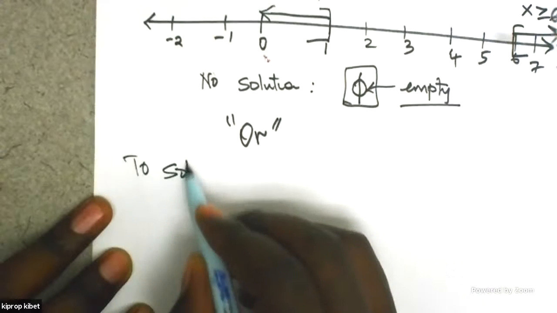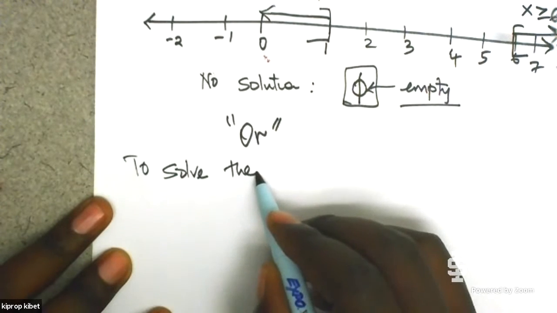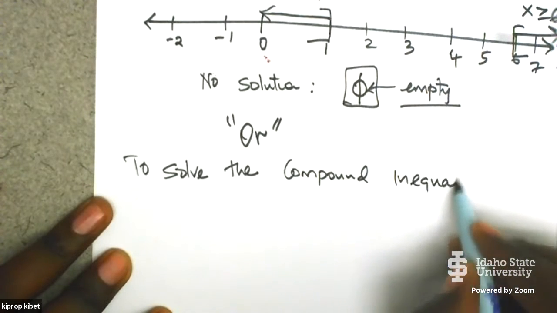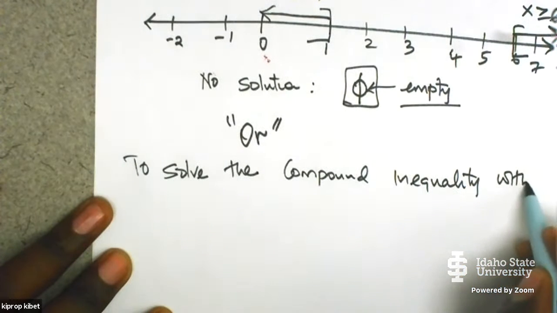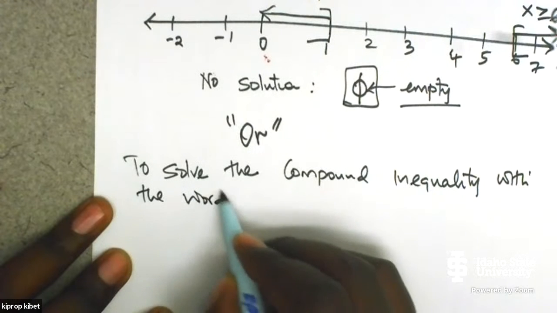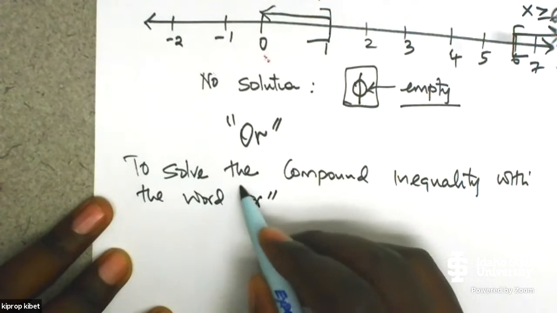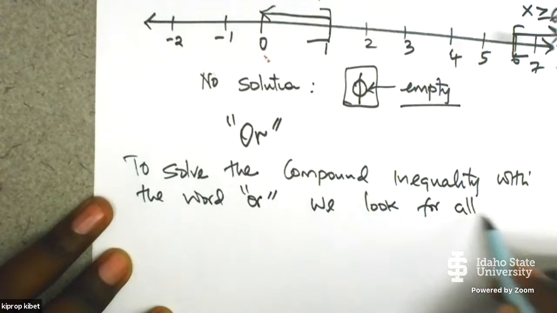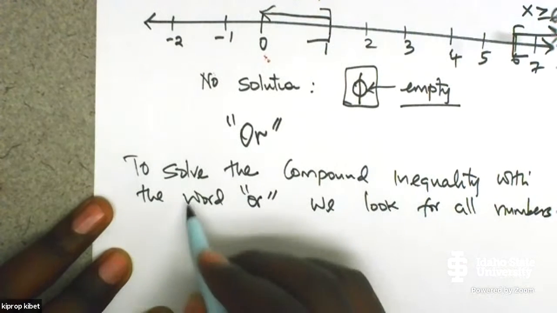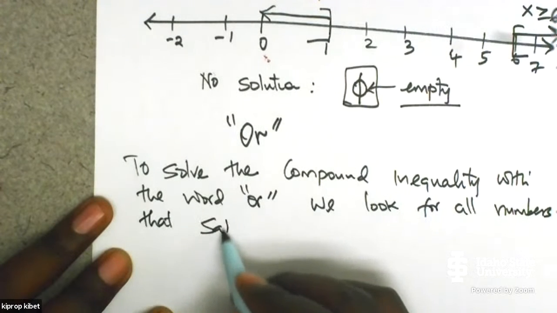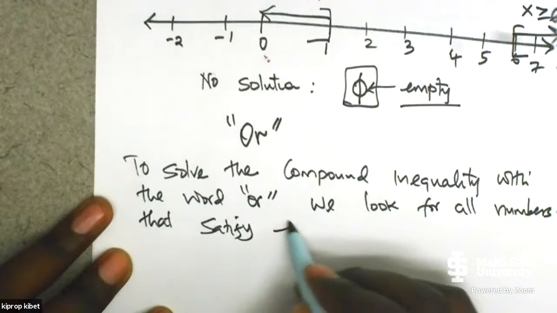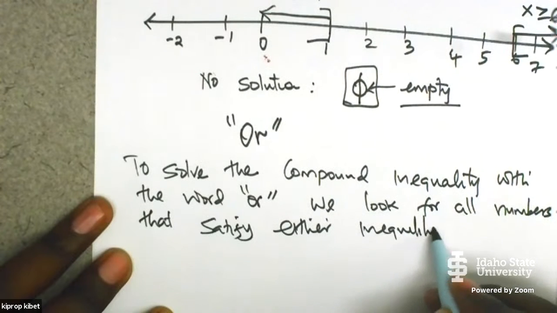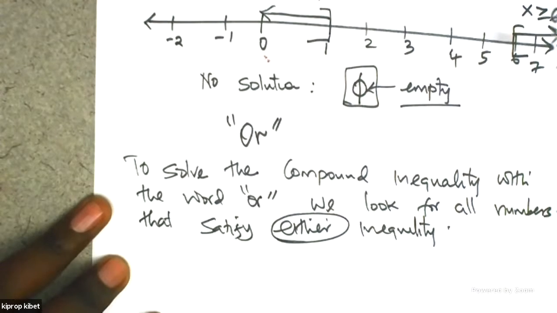Now, to solve the compound inequality with the word OR, we look for all numbers that satisfy either inequality.